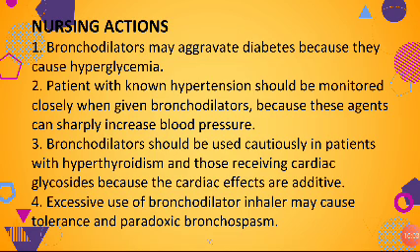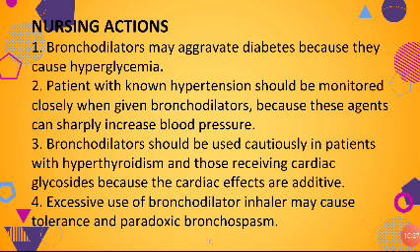Second is that patients with known hypertension should be monitored closely when given bronchodilators, especially intravenous bronchodilators, because this can increase blood pressure, and that's why it should be used cautiously in patients with hypertension.